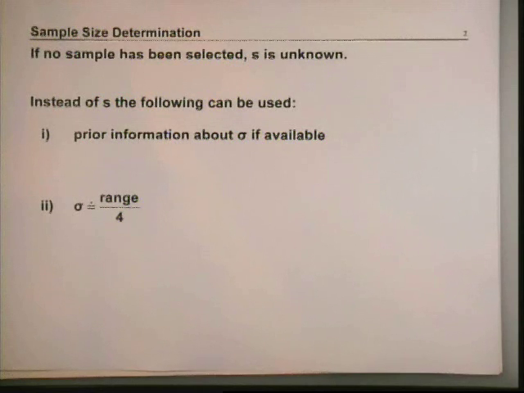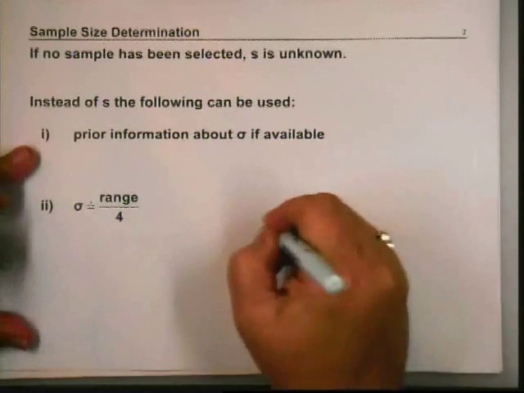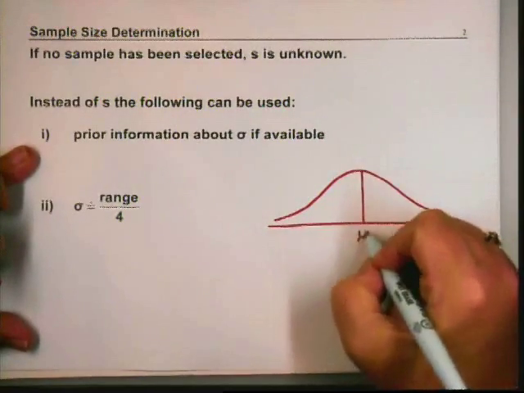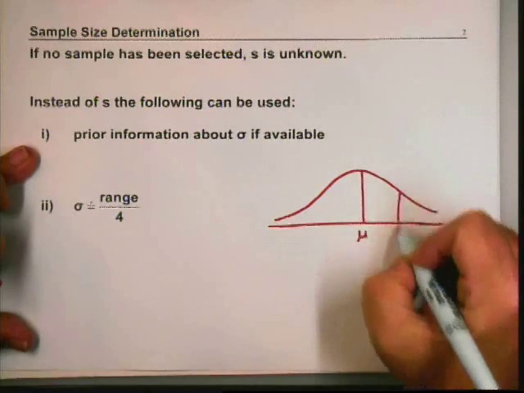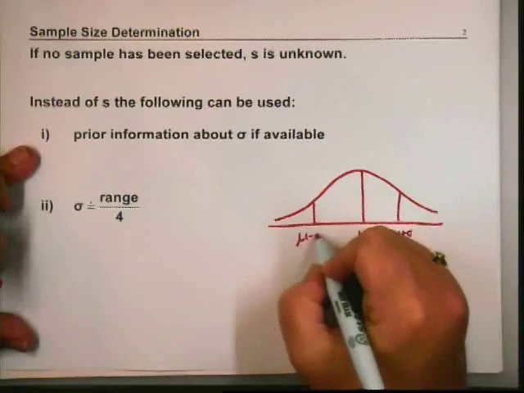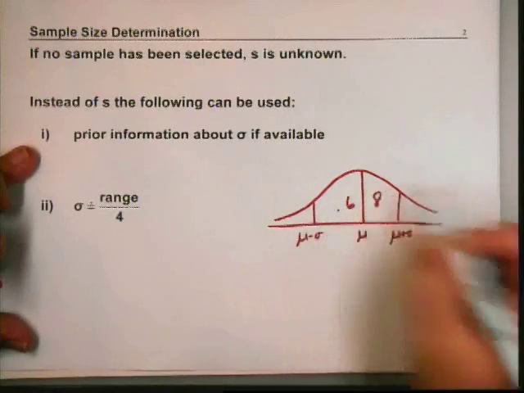The other thing you can use is what we call the empirical rule. If you know your data are symmetrically distributed, or have a kind of mound-shaped distribution, you can use that, because the empirical rule says that if you go forward 1 standard deviation and backward 1 standard deviation, you have approximately 68%.